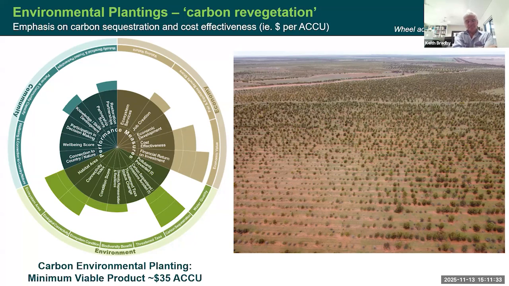Blue portion, how strong it is for community, and brown, how strong it is for economy. If we look at a conceptual carbon environmental planting that is a minimum viable product, i.e. low diversity, trying to maximise cost effectiveness and that sort of thing, it's not really very well rounded and not contributing to some of those other impact themes I mentioned. And that's apparent with the example that I'm showing on the screen there. Next slide, please.